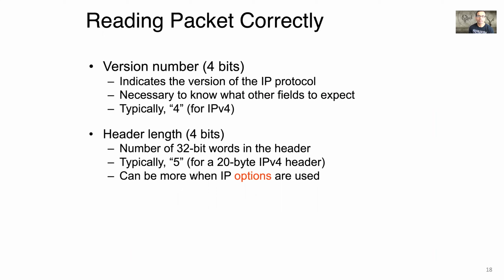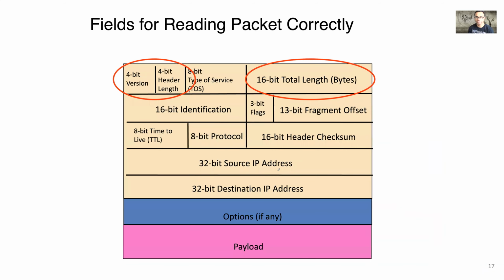Then we have the length of the header. So this is again very similar to TCP and UDP, where because the header is not fixed, there's an option field, which means we need to indicate how many bytes make up the header. So the router knows that, okay, this is the header, right?